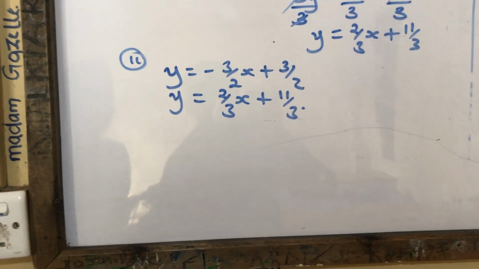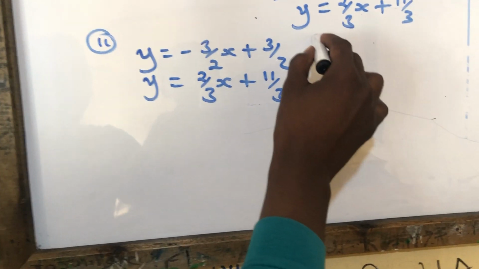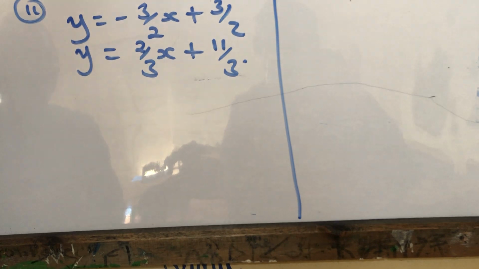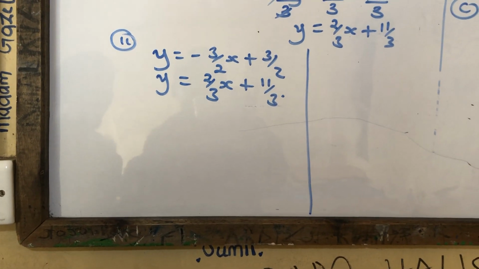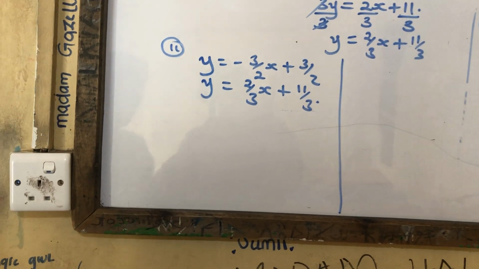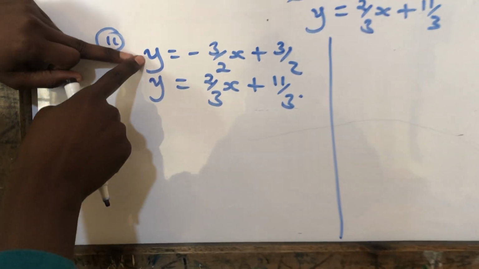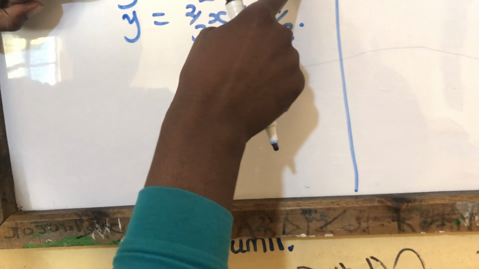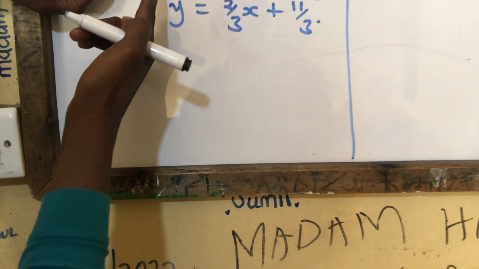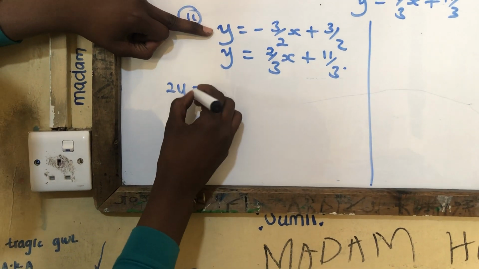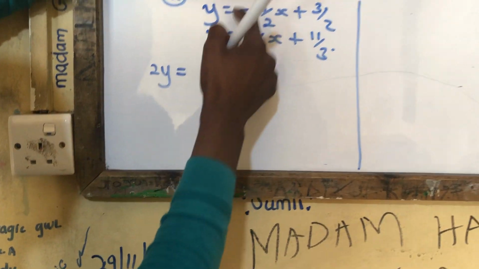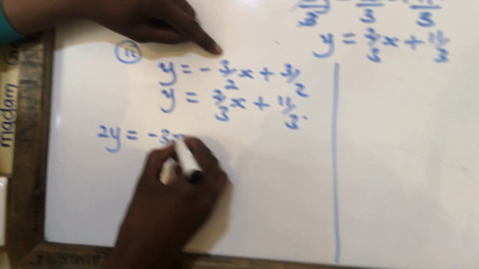For purposes of consistency, allow me to use the method which we had started earlier on. We have been using the elimination method to solve the simultaneous equations. So the first thing I want us to do is to multiply this one by 2, this one by 2, this one by 2 to remove the fraction. If I multiply by 2, I will have 2y. If this is multiplied by 2, I'll remain with the negative 3x.